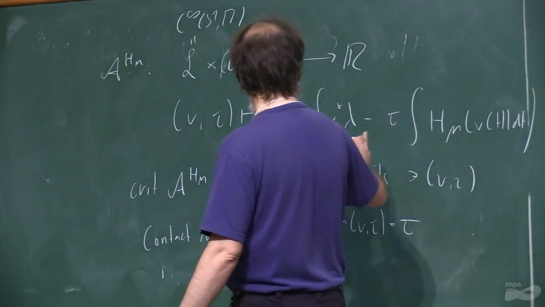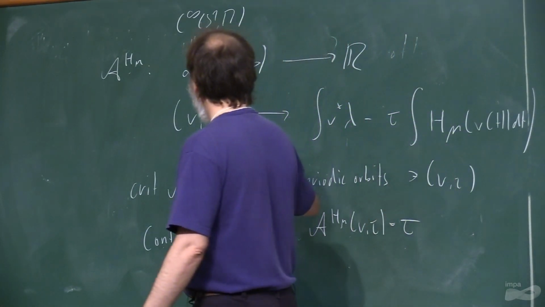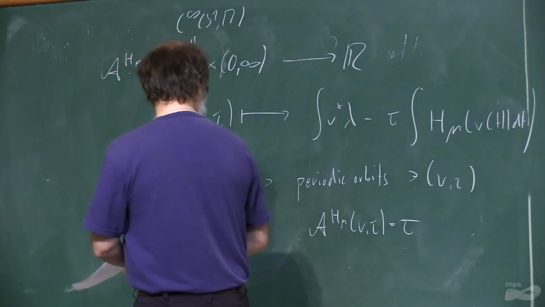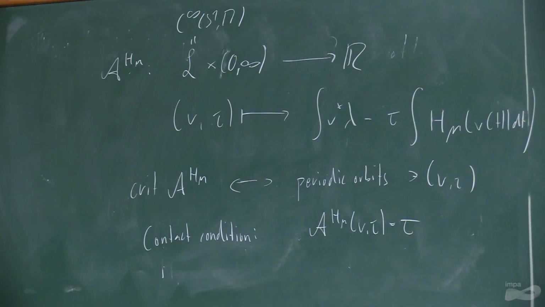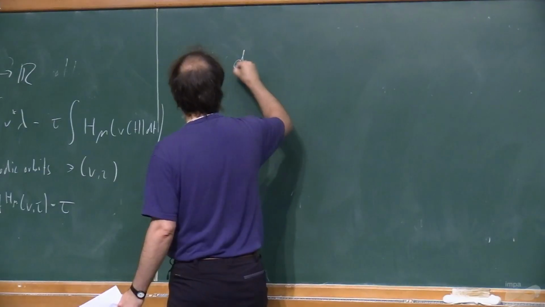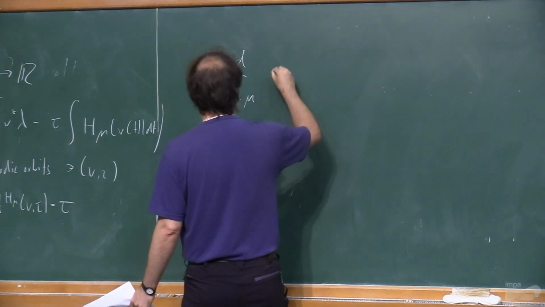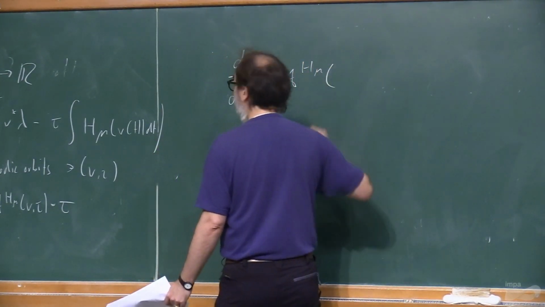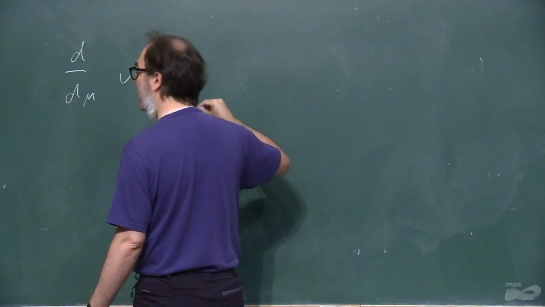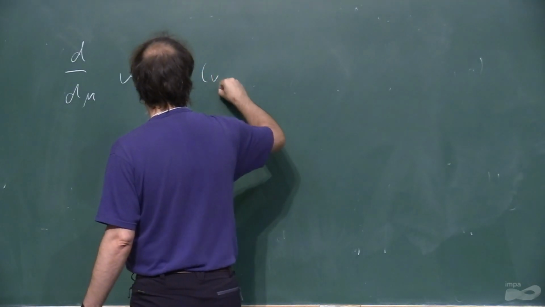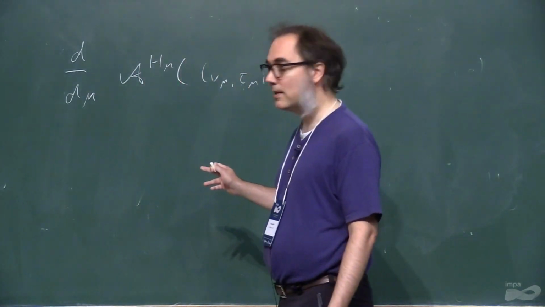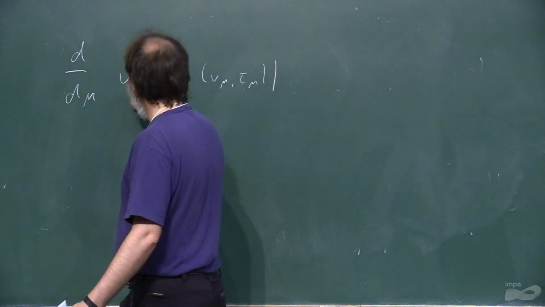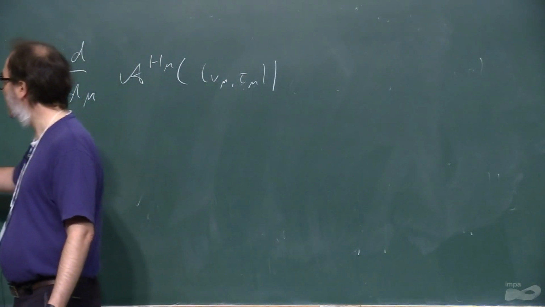And now we can look at how this changes: we differentiate with respect to mu, d/dmu of A_{H mu}(v mu, tau mu). These are critical points, so the derivative of A at this critical point is 0.